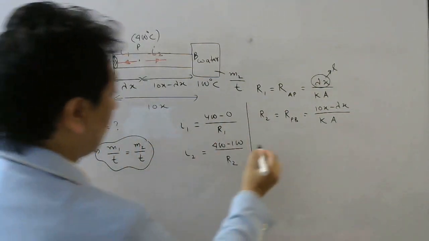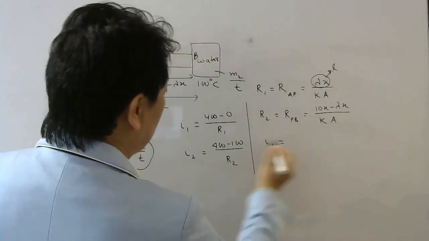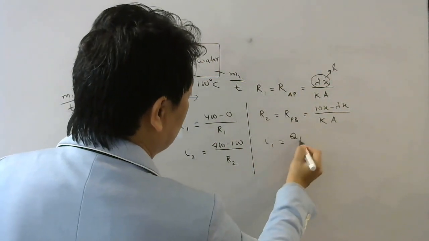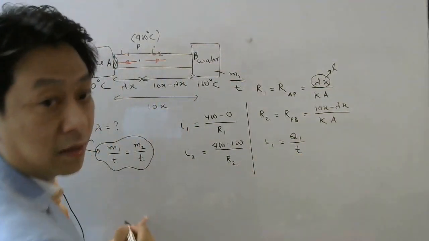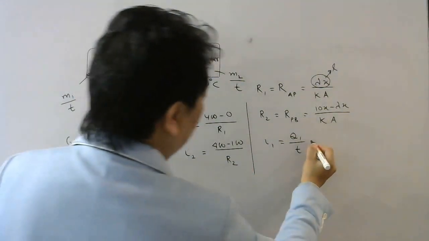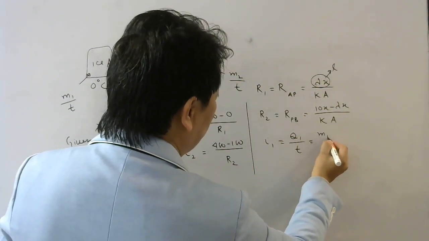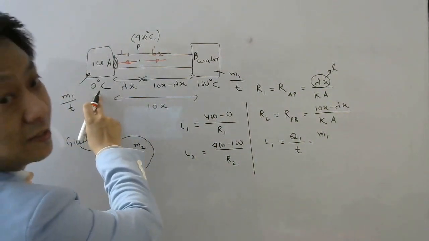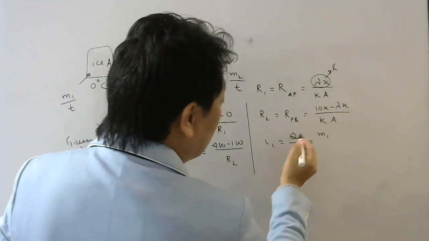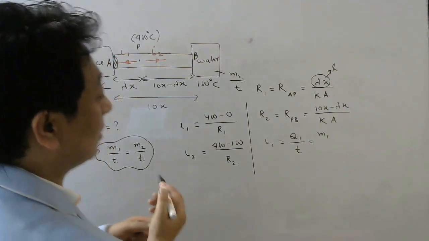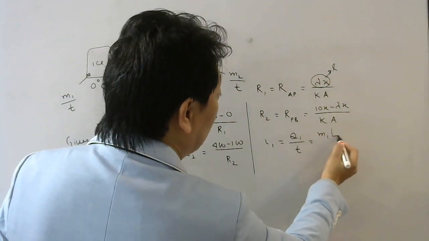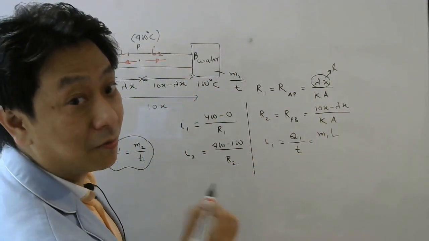Also, how can I write I1 and I2? I1 is the heat that flows per unit time. Now what does that heat do? According to the question, that heat will melt some amount of ice. So let us assume M1. The heat required to melt ice is mass into latent heat. Vaporization or fusion?